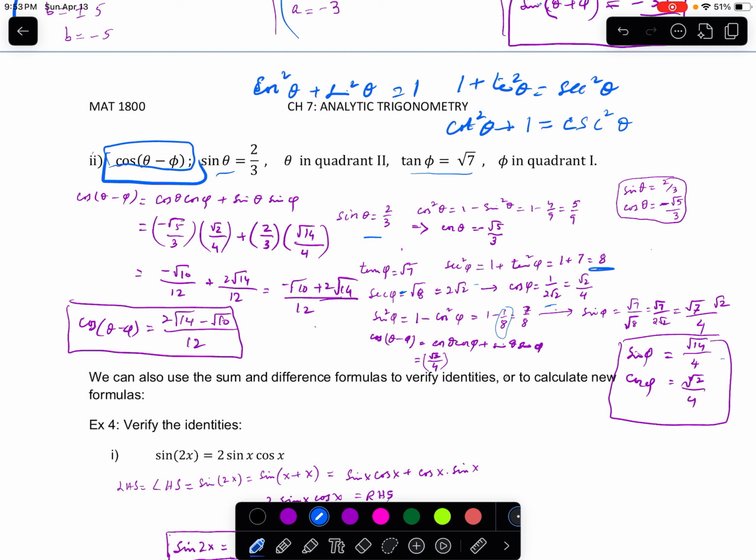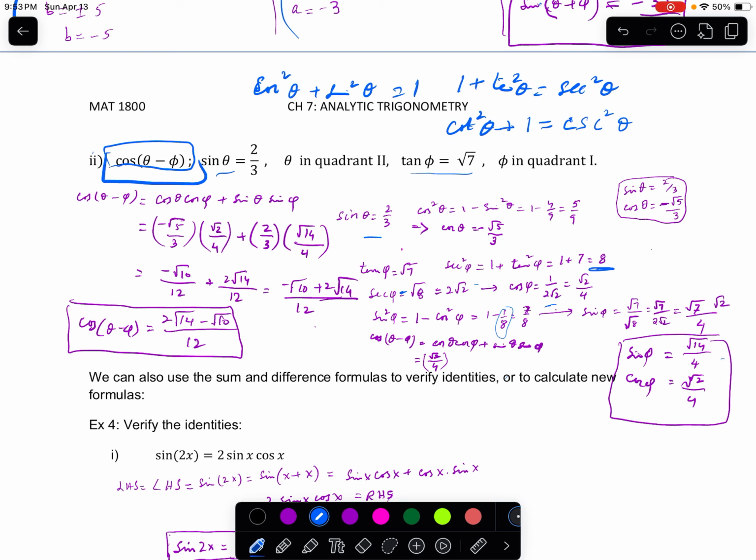And now you can find the cosine, which will be 1 over square root of 8. So simplify it, rationalize it, and you end up getting cosine of phi is equal to square root of 2 over 4.